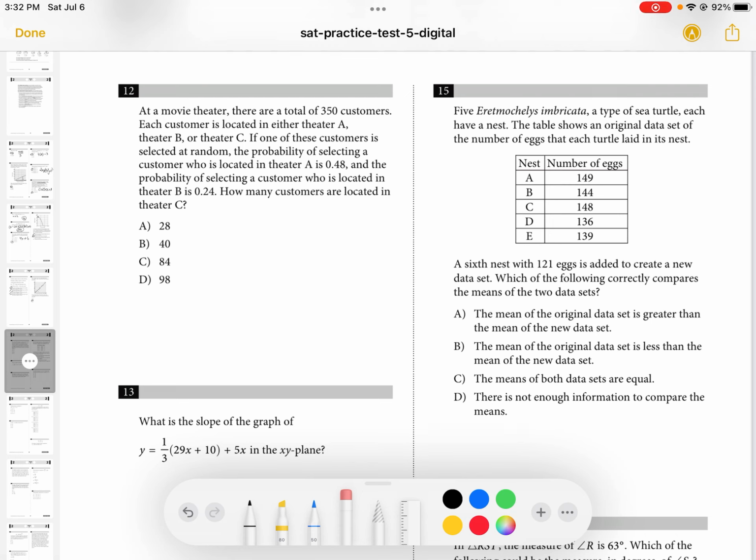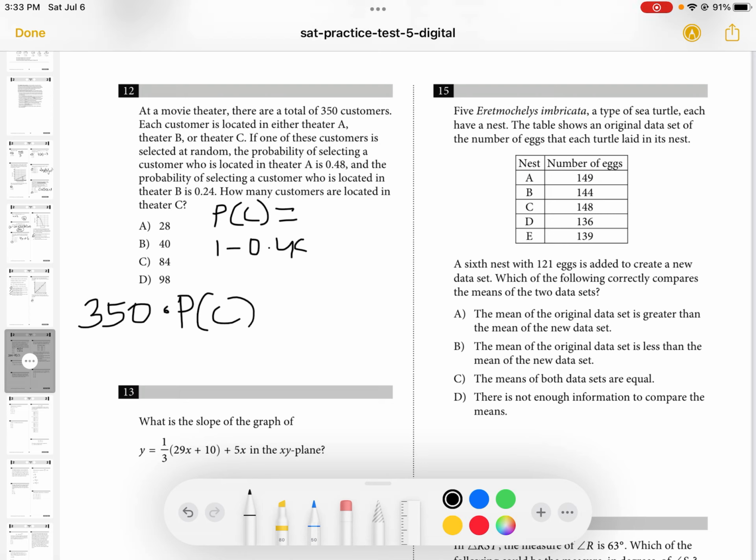Well, the number of customers in theater C is 350 times the probability of a person being at theater C. Now, the probability of a person being in theater C is equal to 1 minus 0.48 minus 0.24, which is equal to 1 minus 0.72, which is equal to 0.28.